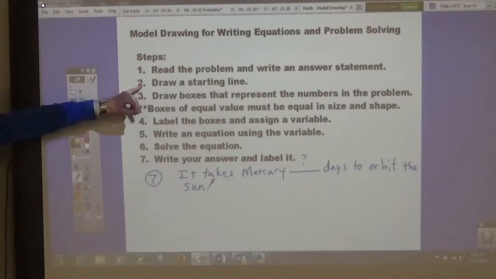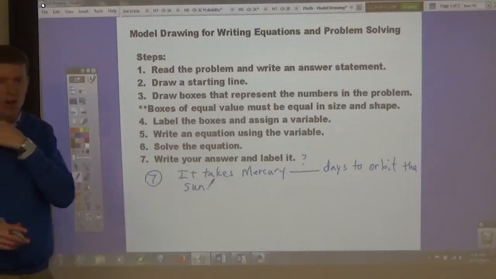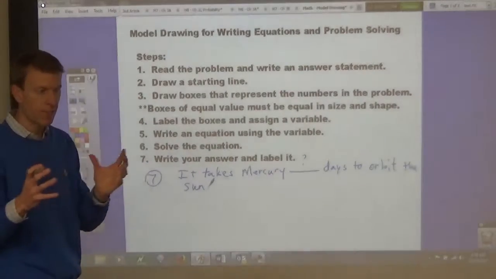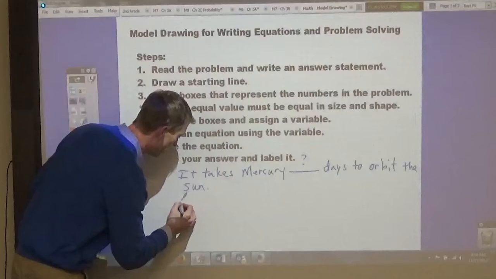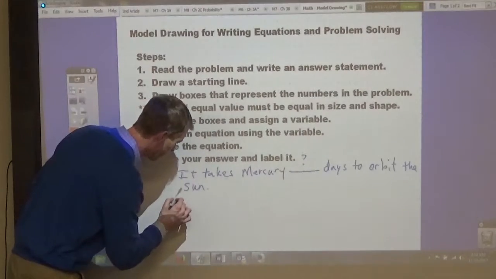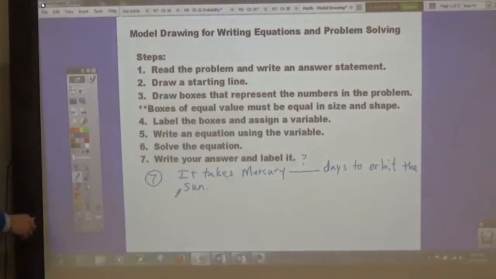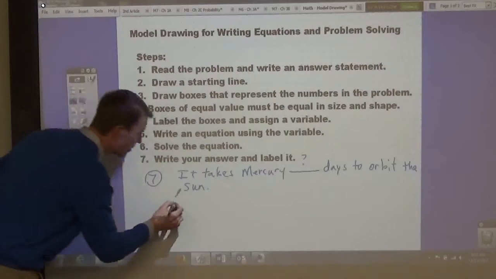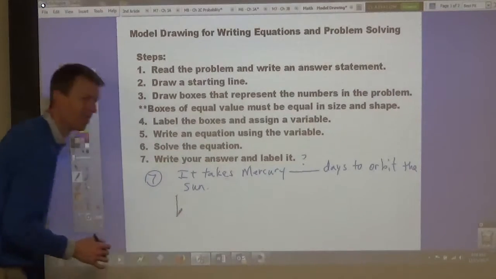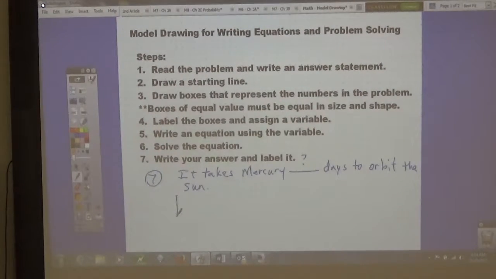We have to figure out exactly what it is that we're trying to find. Okay? Now, we're going to write down and draw out the numbers that are given. So, they give us a number for what? How long what took to orbit Mars? So they give us this number 599.01, and it gives us another number 686.98.